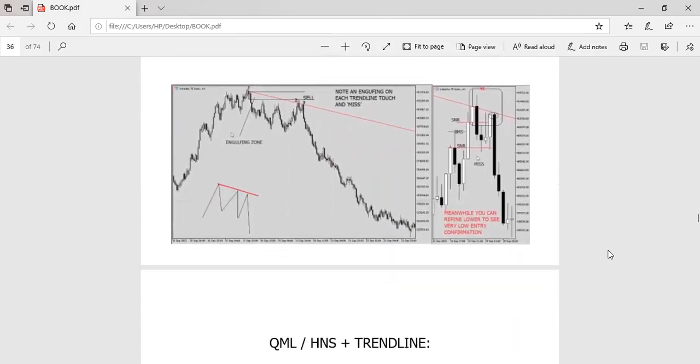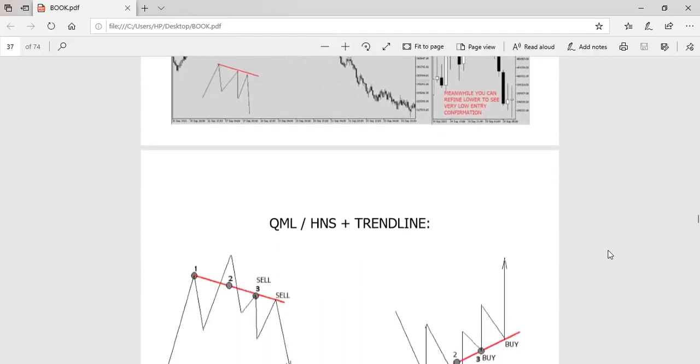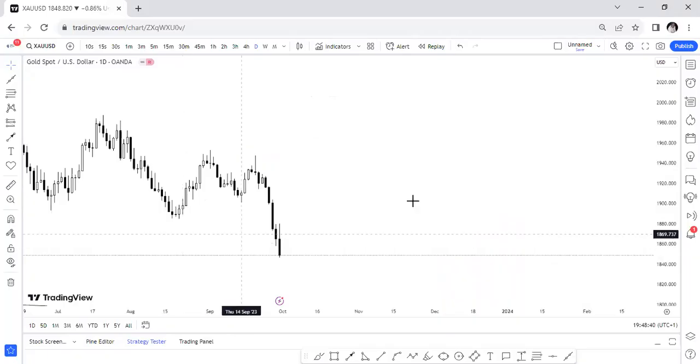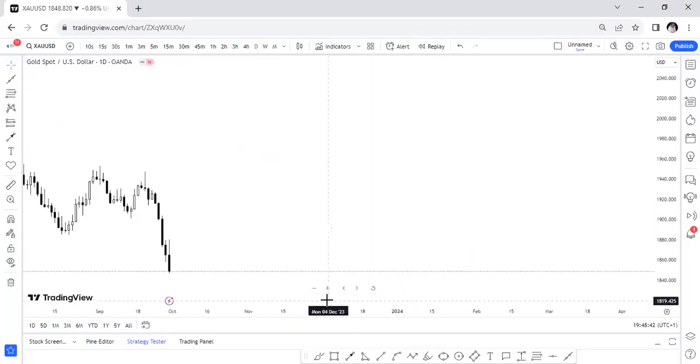So we'll talk about this. This is my favorite, my best favorite. You may have it as 3 points, whichever way you want to look at it. You may have it as this.